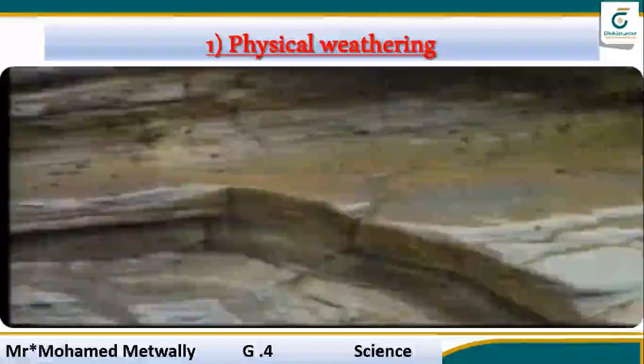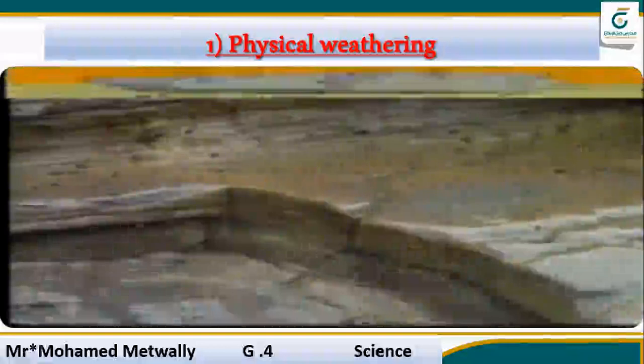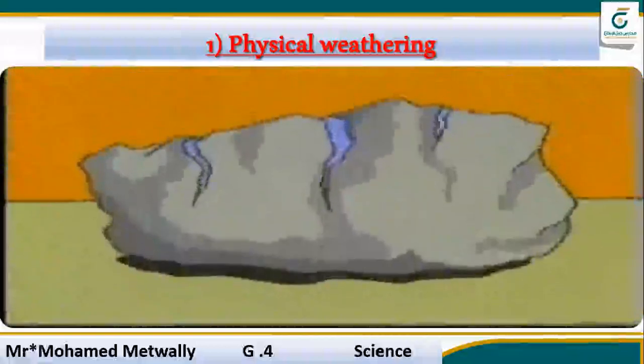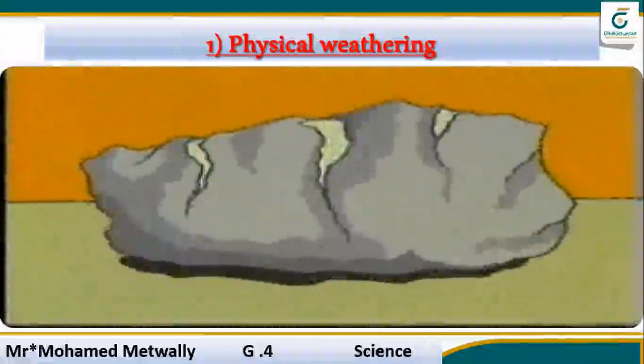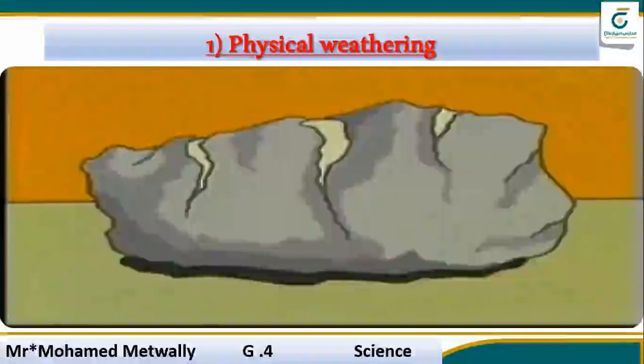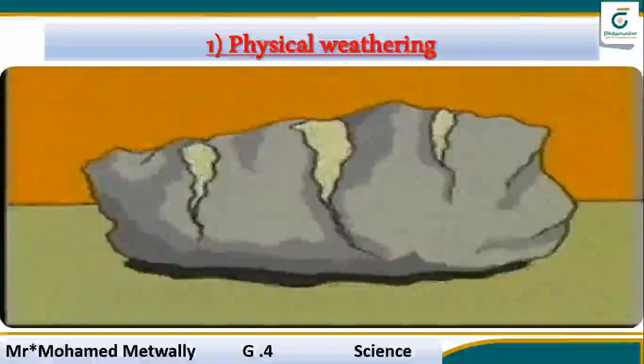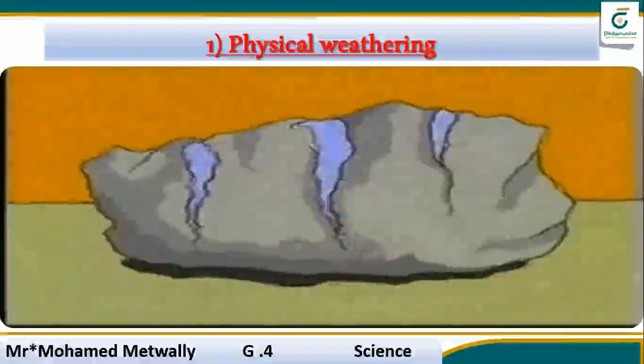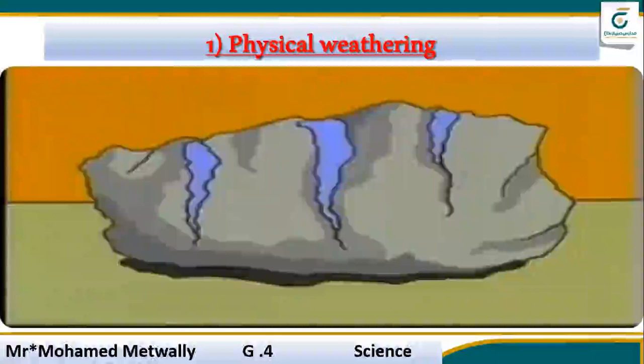But how does freezing water affect rocks? Water frequently collects on rocks and gets into their small openings. When temperatures drop below freezing, the water in these cracks turns to ice and expands. This exerts a tremendous amount of pressure on the openings in these rocks. As temperatures rise and the ice melts back into its liquid form, it creeps deeper into the fractures.